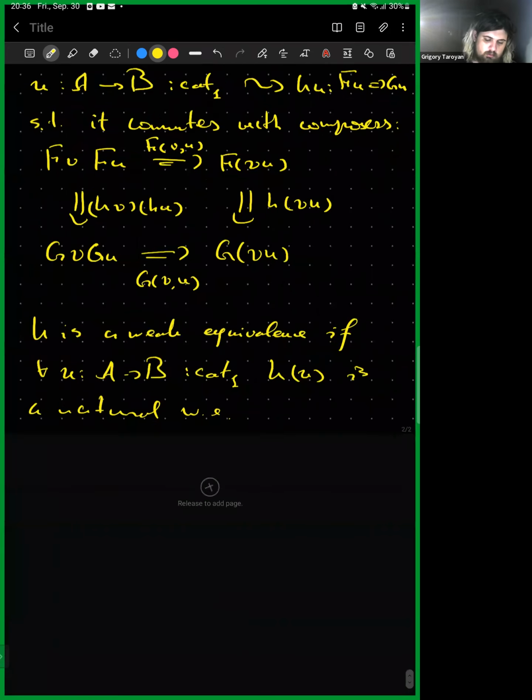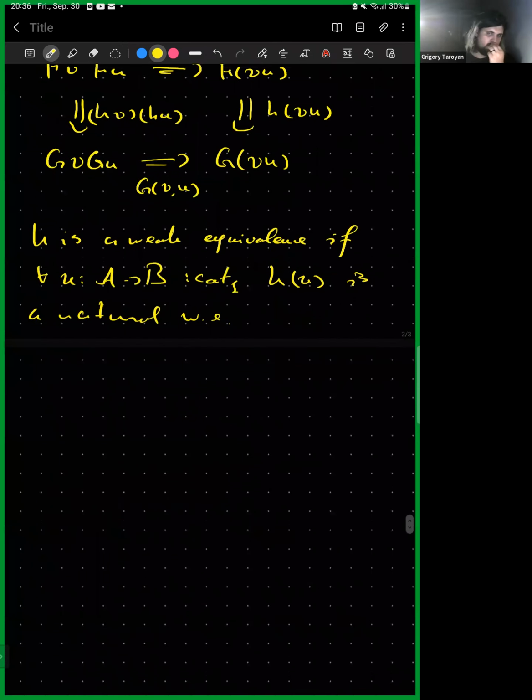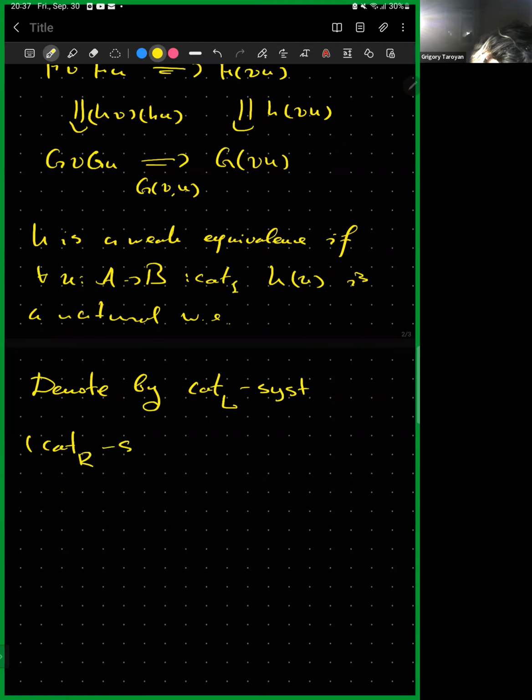And so you see that we obtain a homotopical category of left or right cut systems, which we'll denote by cut L syst or cut R syst, depending on which type of cut systems we're considering.